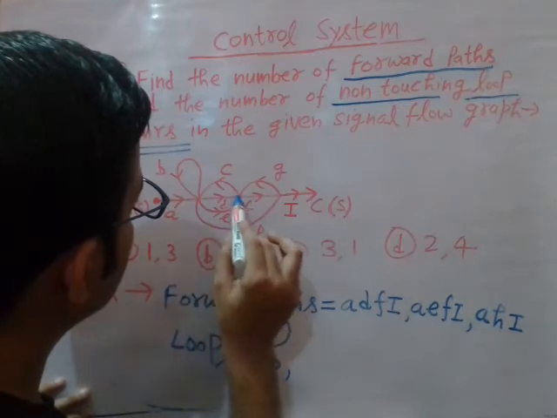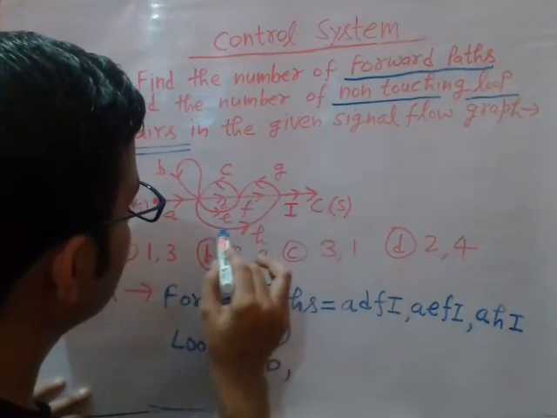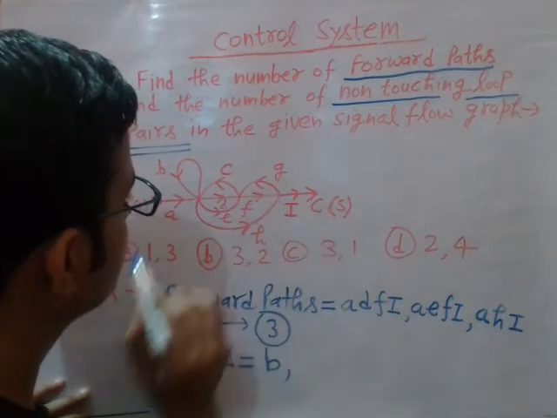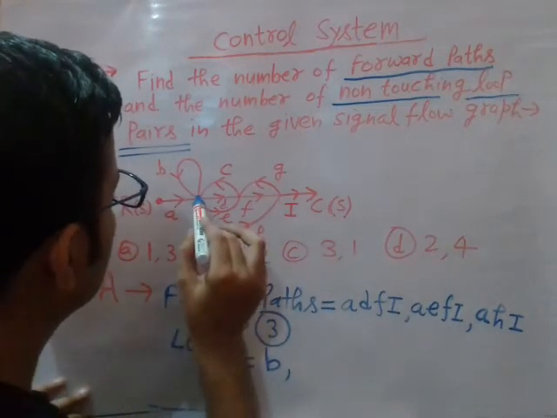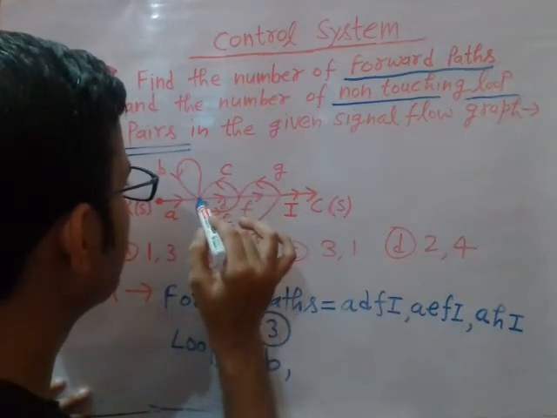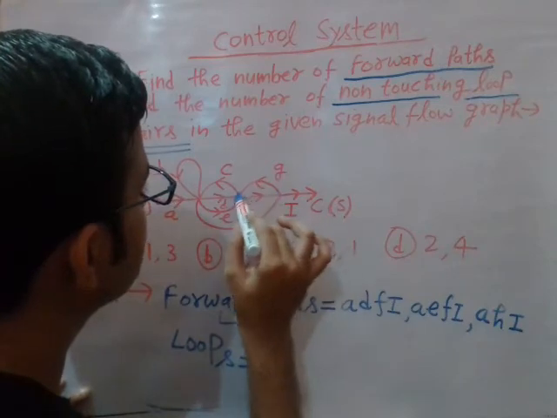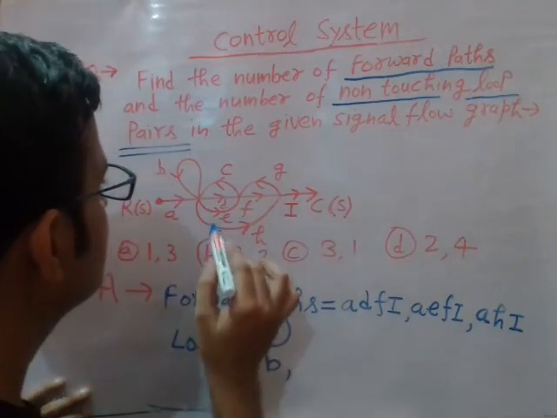You cannot travel like this because the arrow is like this. You can also not travel like this, so this is also not a loop. So this loop is touching this particular loop. And this is another loop, F and G.